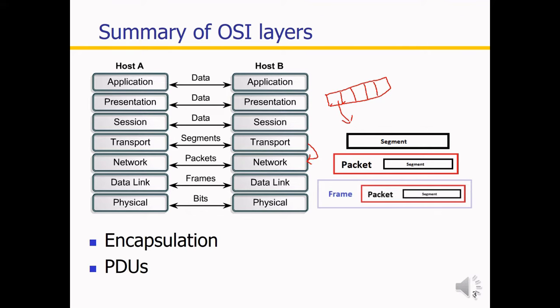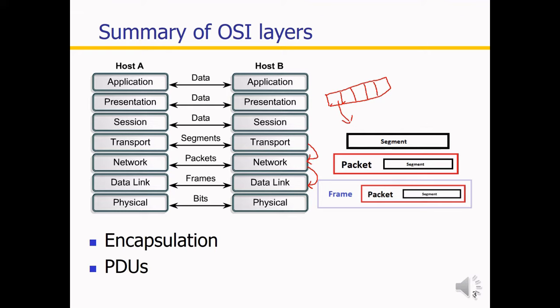And then when this packet gets sent down to the data link layer, once again the data link layer would add some information or data to the packet, and the resultant unit would be called a frame, and a frame has encapsulated within it the packet and the segment.